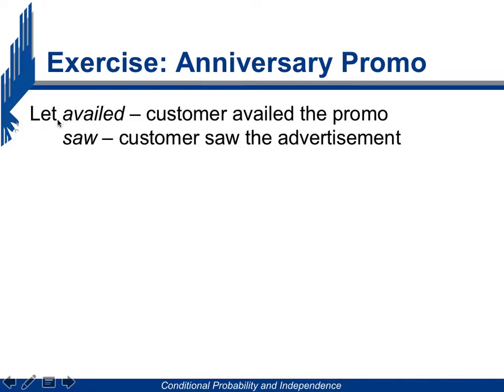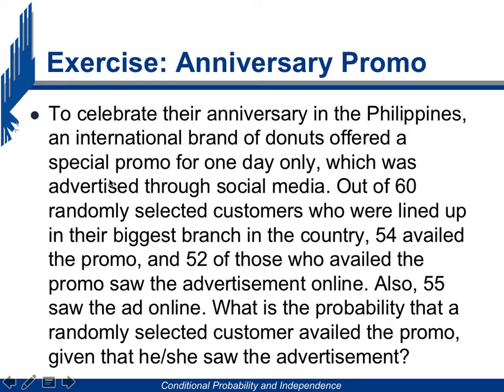So we can let the word "availed" represent the event where the customer availed the promo, and the word "saw" represent the event where the customer saw the advertisement. Now, after identifying the events, you can now start looking for those probabilities. So the total is 60, and we have here some information.